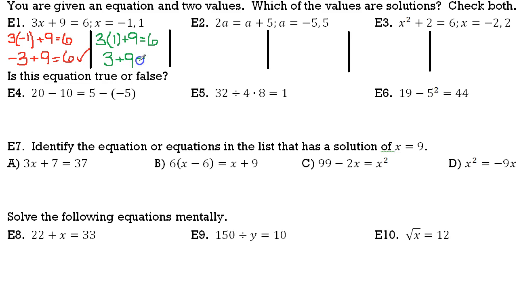So you've got 3 plus 9 equals 6, and that is just definitely not true. That is a no-go. 3 plus 9 does not equal 6. So we have a check for the first one, but we definitely have an x for the second. It is a no-go. So again, if you're paying attention here, the first solution was good. The second solution was not.